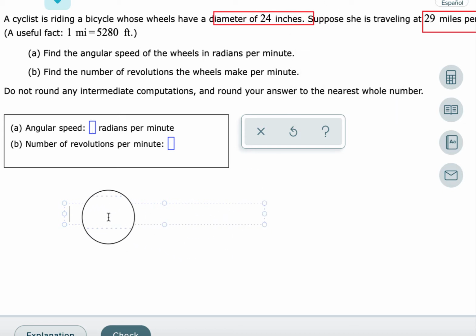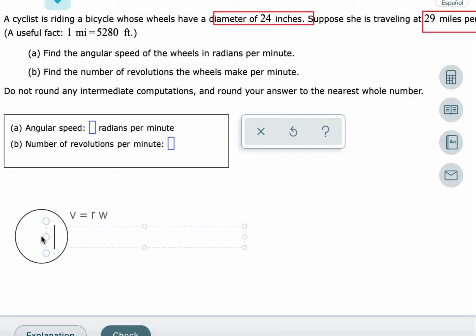So V is equal to R omega. And I'll just write it as a W, but it really is the Greek letter omega. But we also know that V is equal to 29 miles per hour. So I'm going to rewrite the 29 miles per hour is equal to the radius.